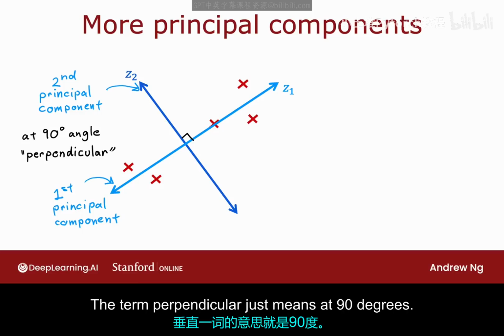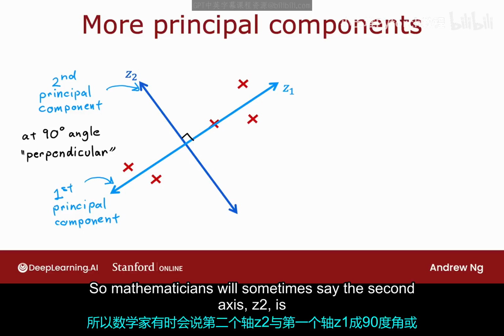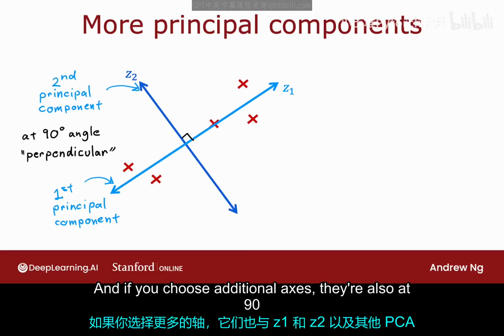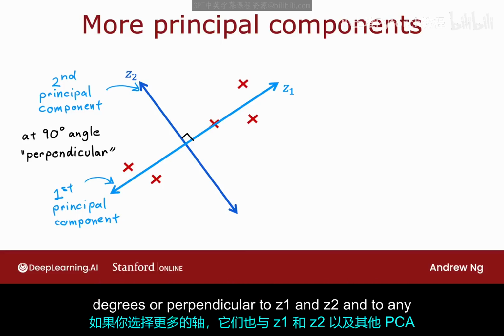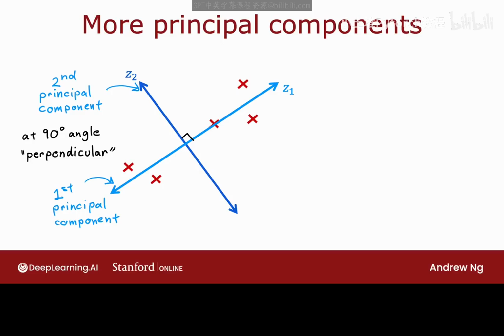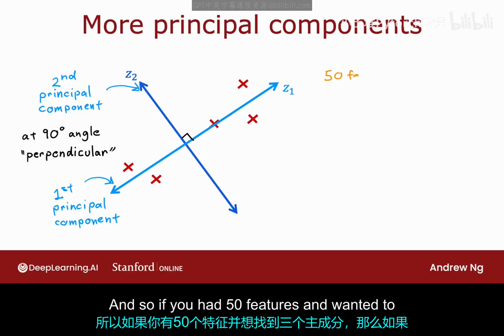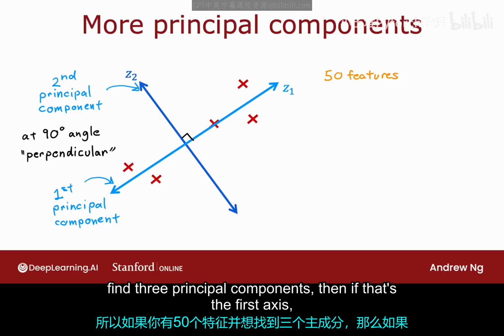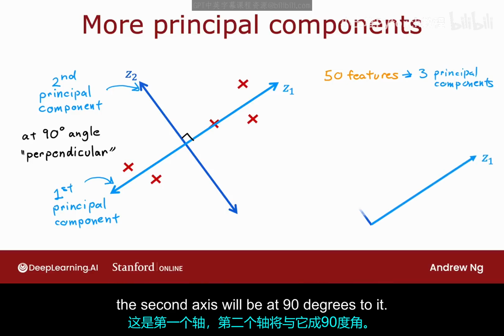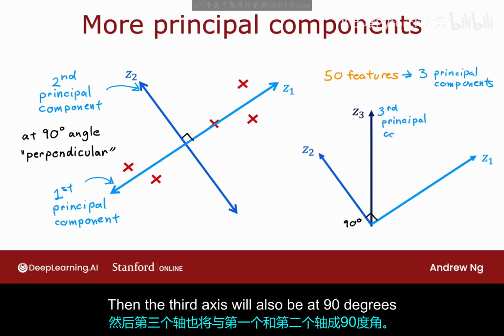The term perpendicular just means at 90 degrees. So mathematicians will sometimes say the second axis, z2, is perpendicular to the first axis, z1. And if you choose additional axes, they're also perpendicular to z1 and z2 and to any other axes that PCA would choose. And so if you had 50 features and wanted to find 3 principal components, then if that's the first axis, the second axis will be at 90 degrees to it. Then the third axis will also be at 90 degrees to the first and the second axes.